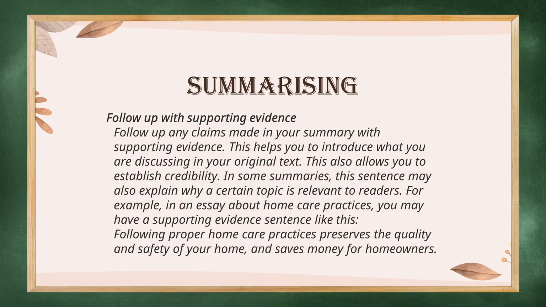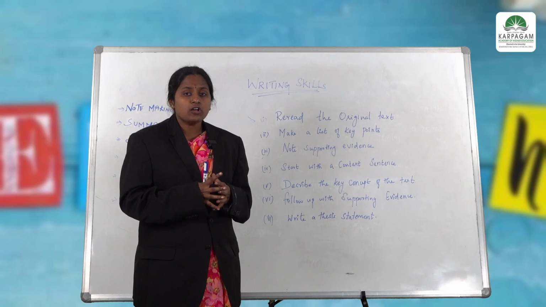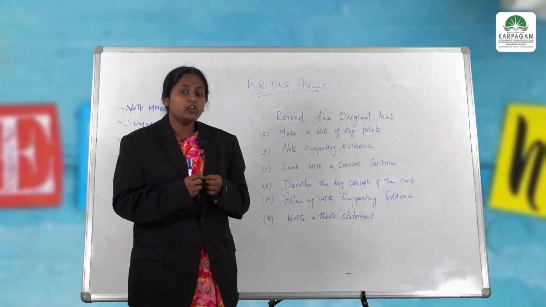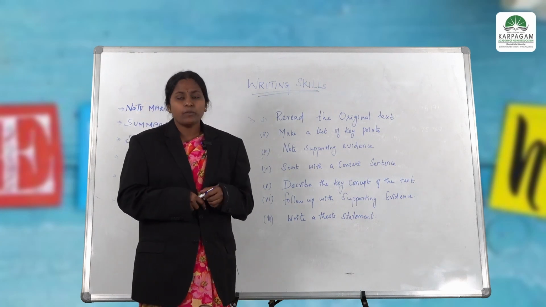So the sixth one is to follow up with the supporting evidence. After getting a key concept of the text, you are making your summary strong, which makes your summary better. Then the next step is following up with supporting evidence.